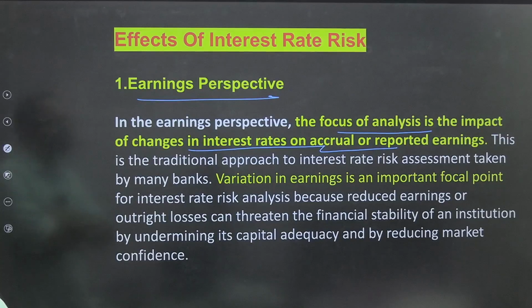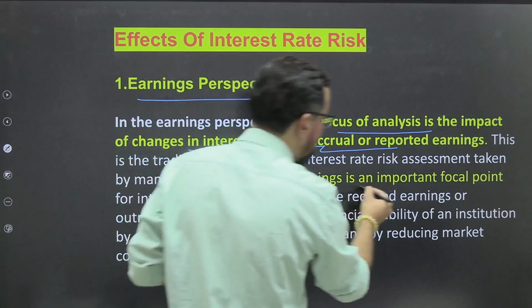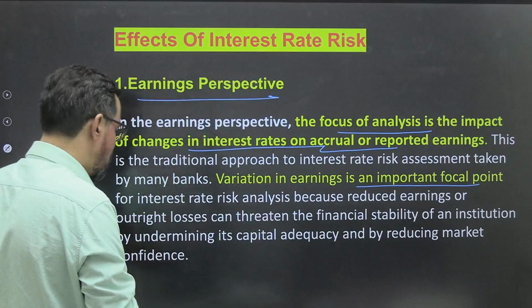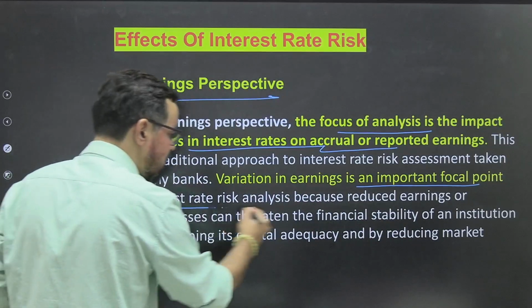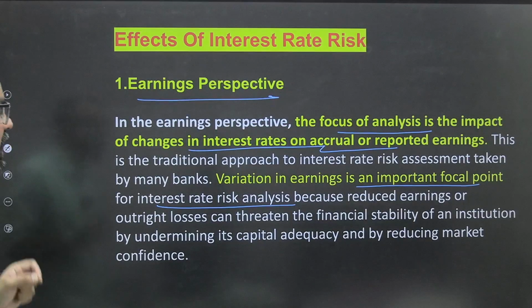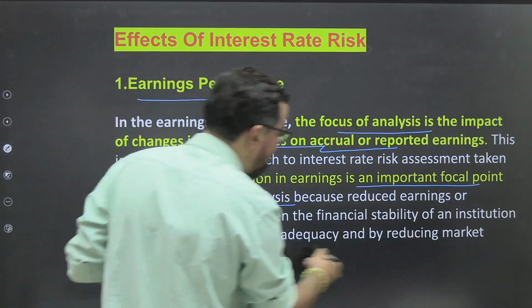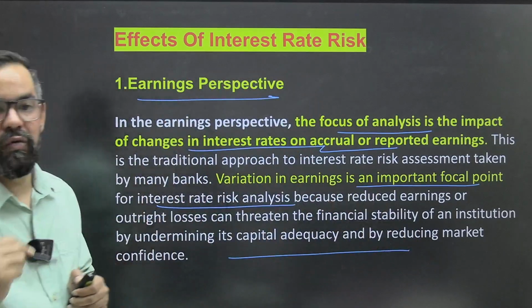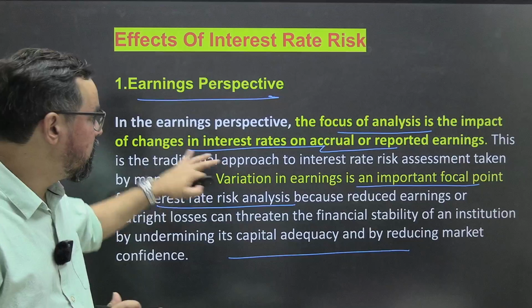This is the traditional approach to this. Variation in earnings is an important focal point for the interest rate risk analysis, because reduced earnings or outright losses can threaten the financial stability of an institution by determining its capital adequacy and by reducing market confidence है. ठीक है, तो अर्निंग पर्सपेक्टिव से हम इसको स्टडी करेंगे.